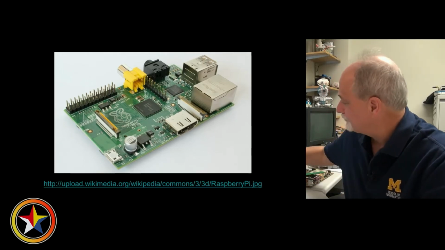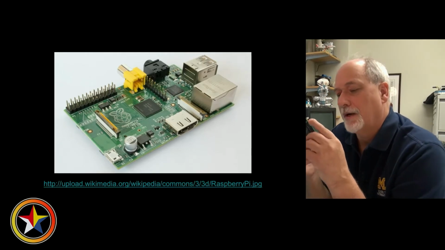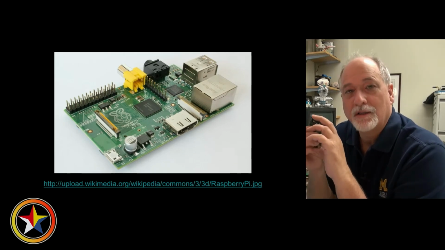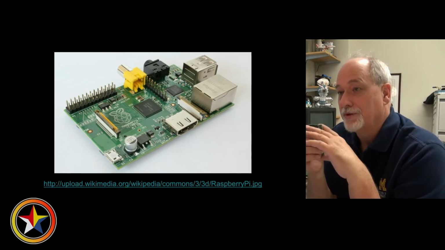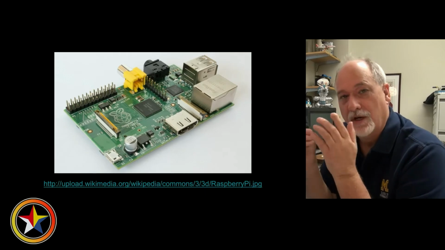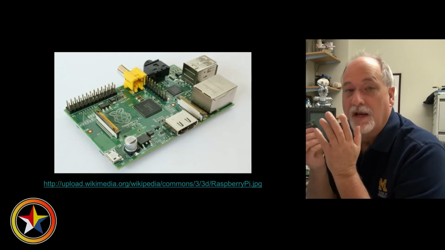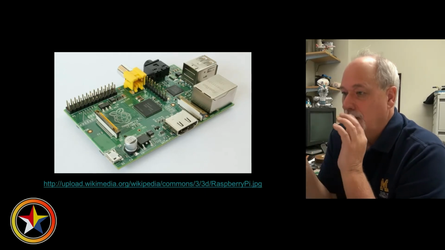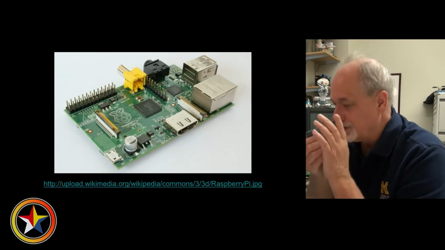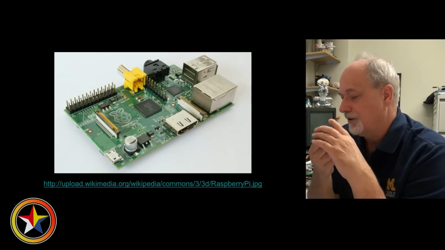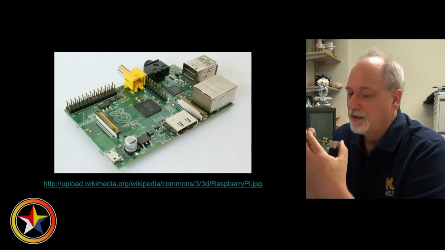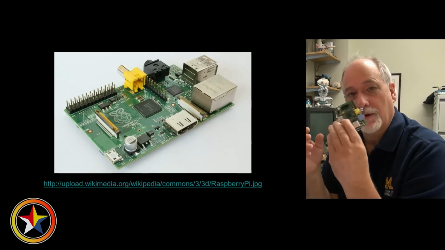The reason I like talking to you about hardware is because I want to be able to use words at some point and say, oh, secondary storage, or central processing unit, or random access memory, or peripherals, input devices. I want you to be able to understand them. And so I'll start with a little piece of hardware called the Raspberry Pi.